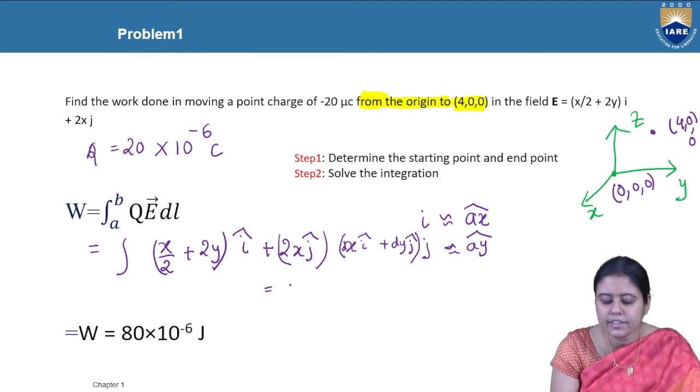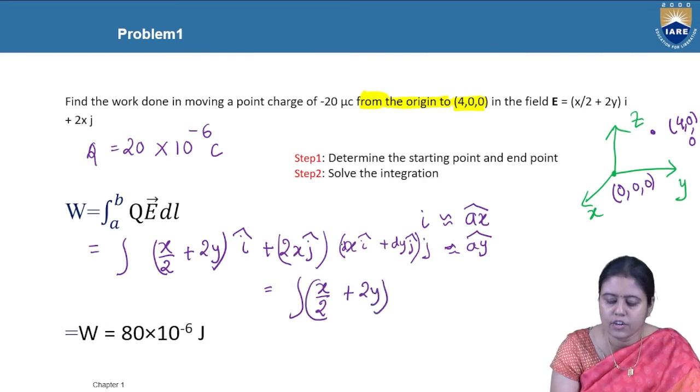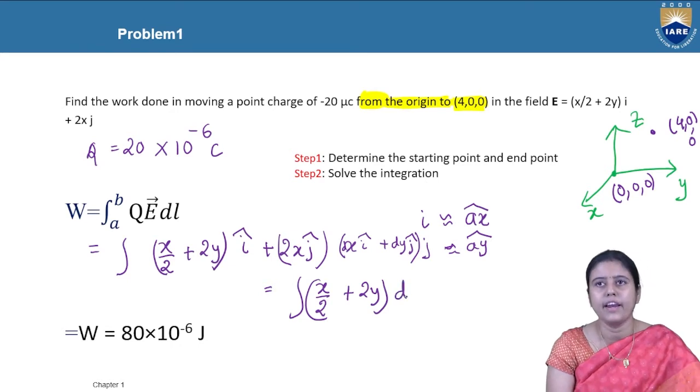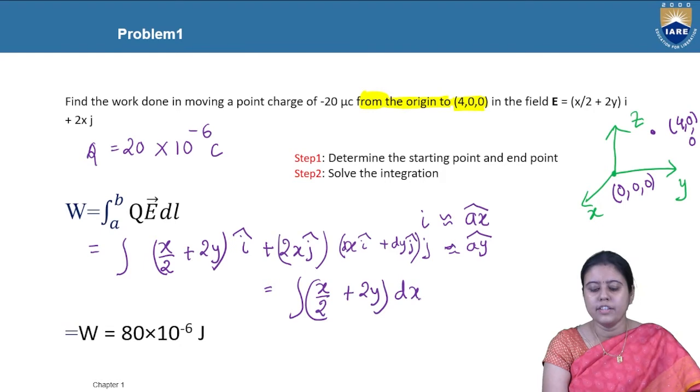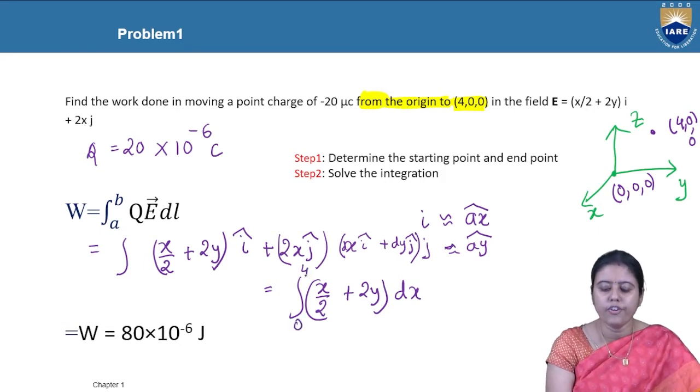So what will be the integration? We multiply this with x by 2 plus 2y, this is the dot product. So i dot i is equal to 1. We are getting dx. And what is the range of x? From origin 0 to 4.